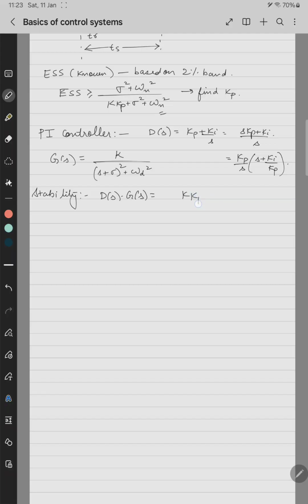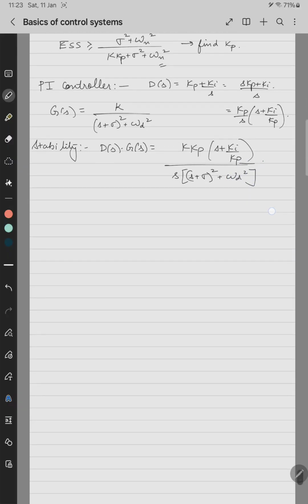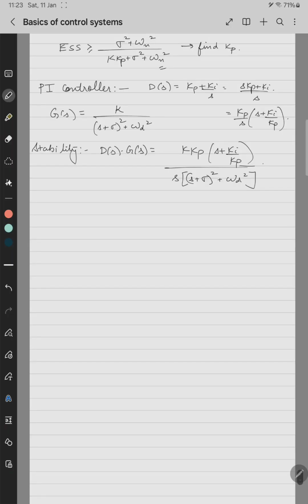It will be Kp into (S plus Ki by Kp) divided by S into (S plus sigma) whole square plus omega D square. So naturally, this is the D of S into G of S.